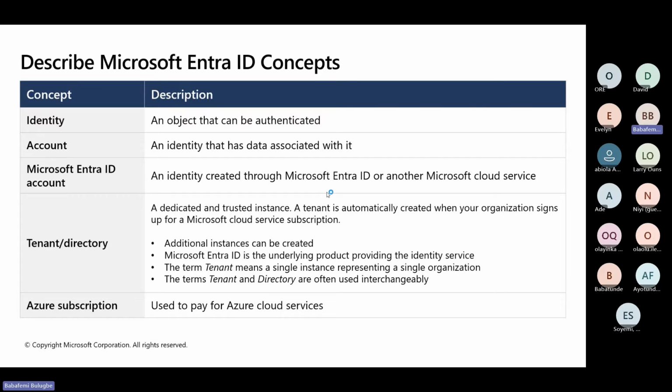So you can use that account to sign in to your tenant. You can use that account to sign in to your application. So we have user accounts, an account and identity that has data associated with it.